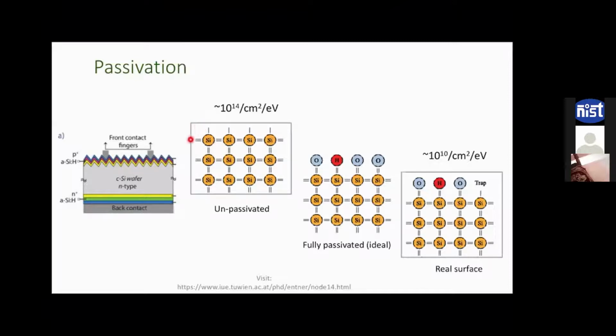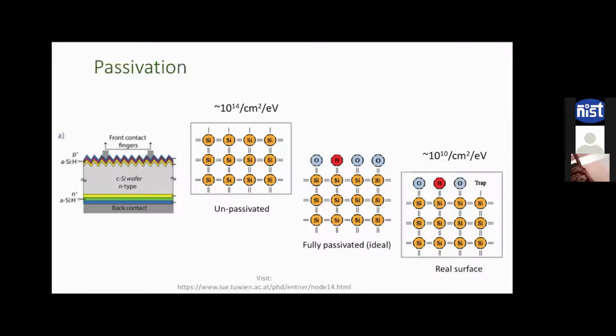So for a typical crystalline silicon wafer, the surface defect or such trap states could be in density as high as 10 to the power 14 per centimeter square per electron volt. So this is quite a high density.